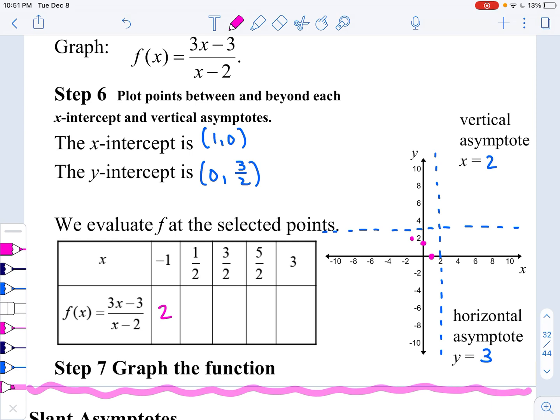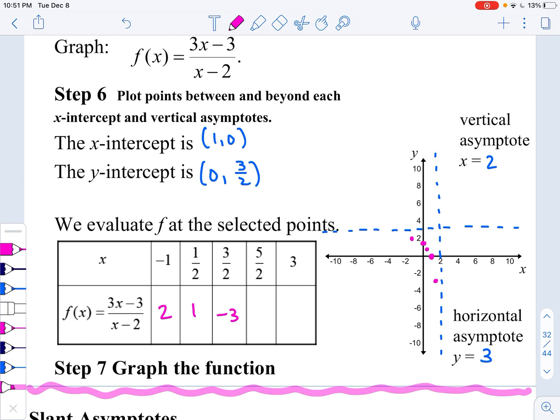At 1/2, I'm just going to give you some numbers, we'd end up at 1. That falls in between here a little bit. At 1.5, it's going to give us negative 3.